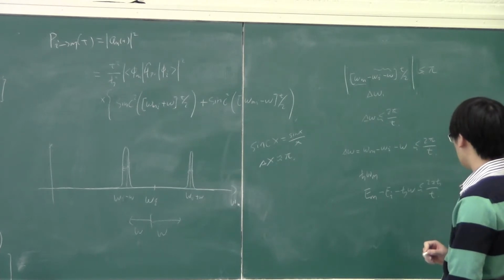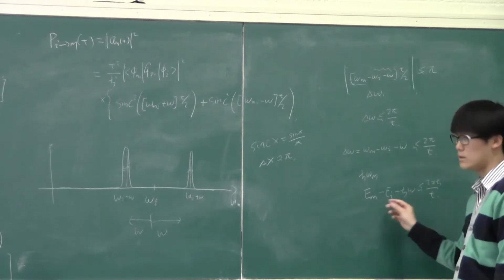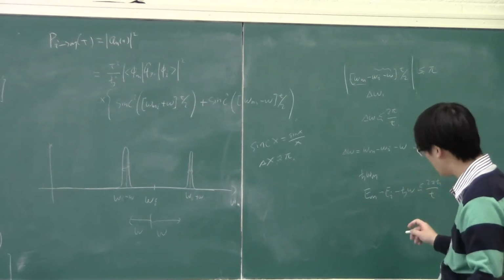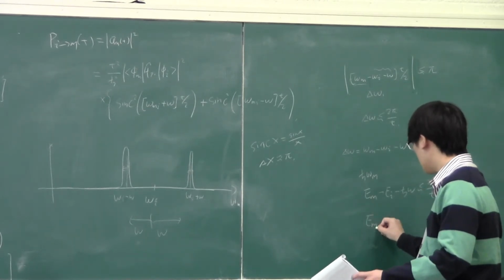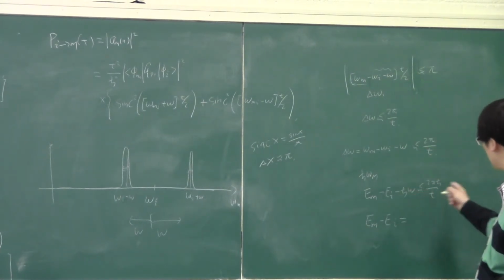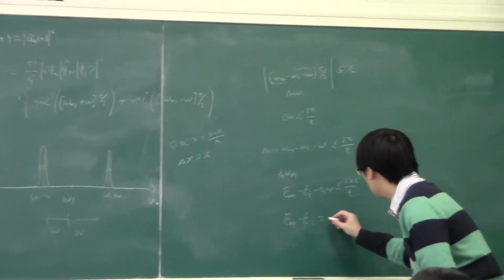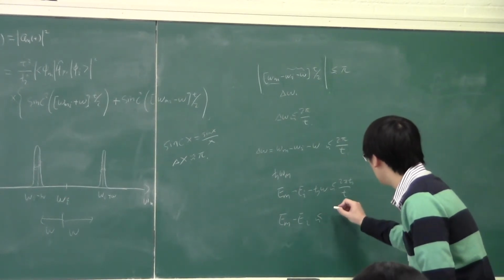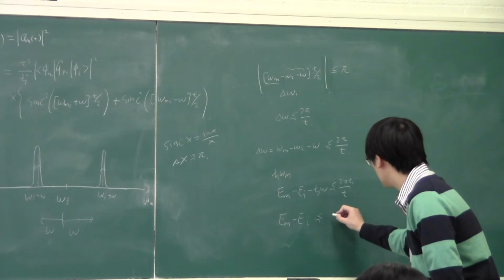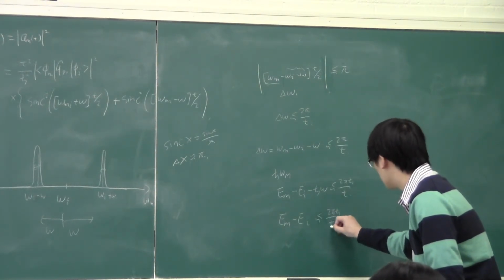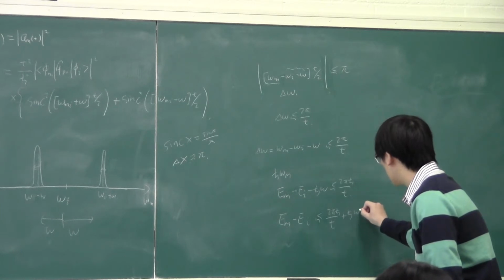Okay. Now what does this say? Let's call this the uncertainty in energy. And we can say that Em minus Ei is less than or equal to, let's put this over here, 2 pi h bar over t plus h bar omega.